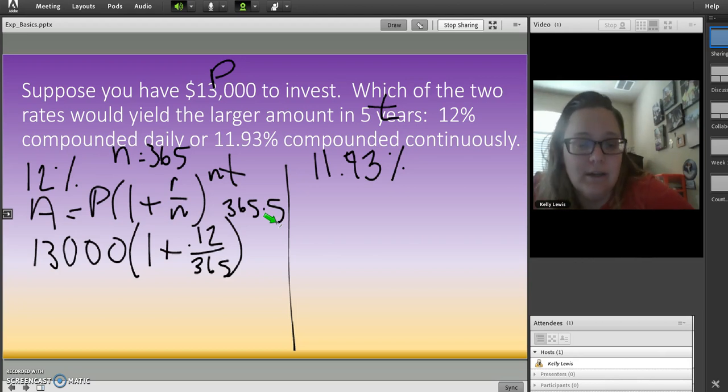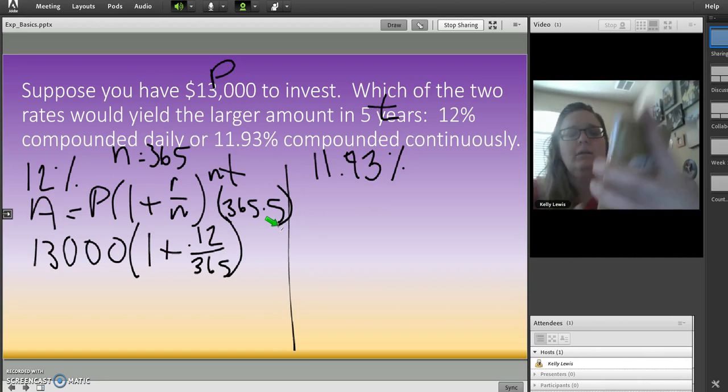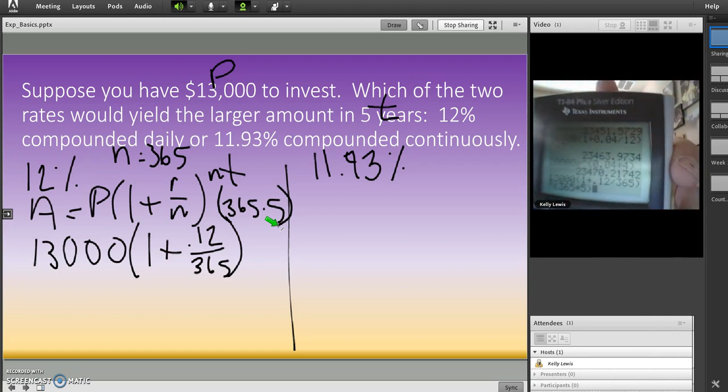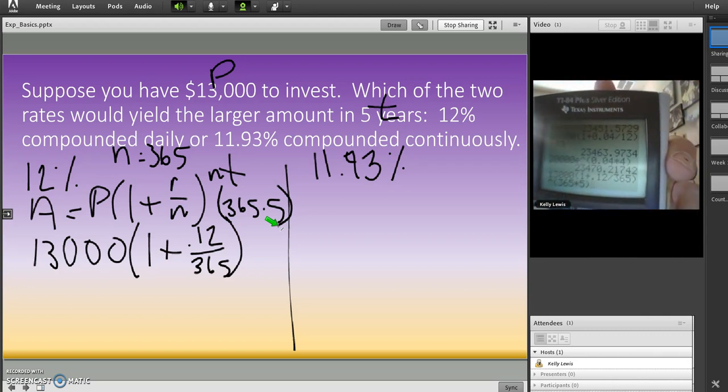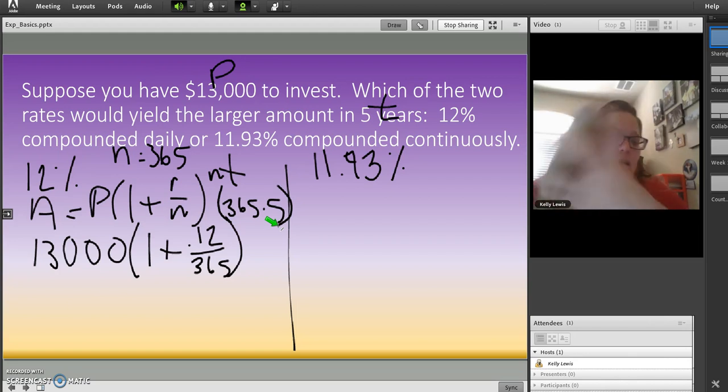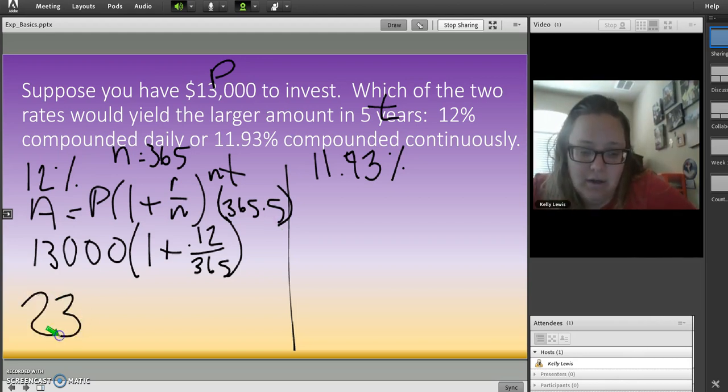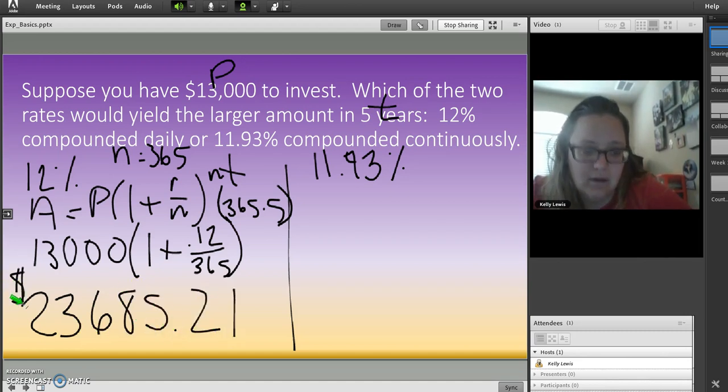When I do the exponent, I need to make sure that parentheses are in there too: 365 times 5. I really hope you're doing this with me. So that's what it looks like, that bottom row. 23,685.21. So you get about 10 grand more.